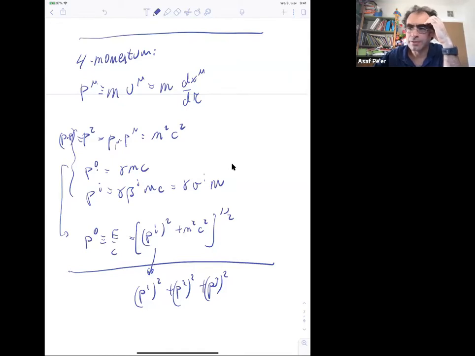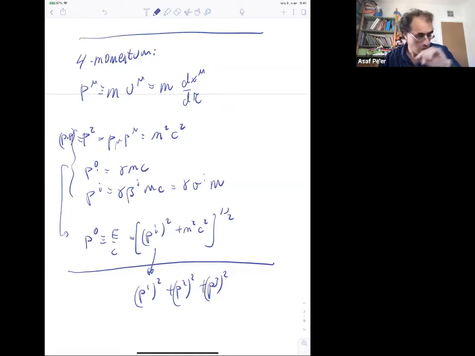Normally p squared means the square of the momentum. Okay, more questions.